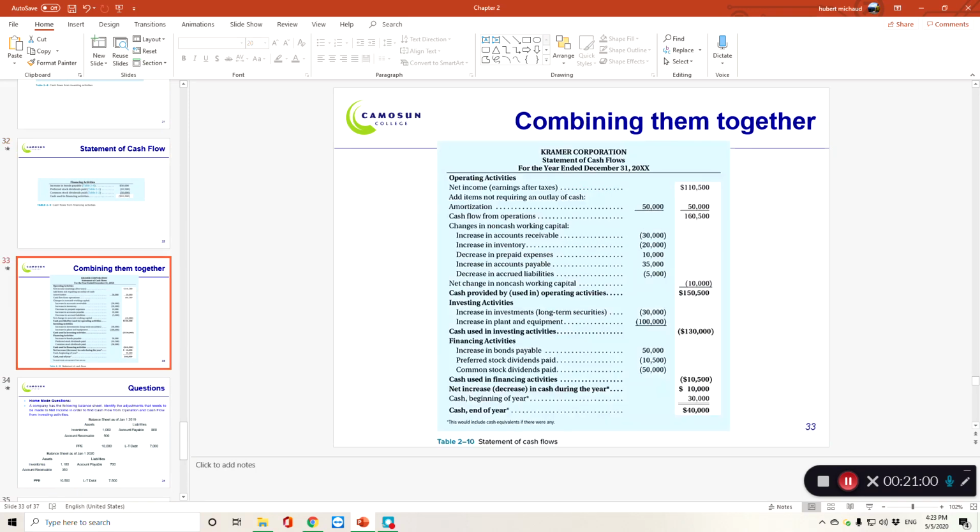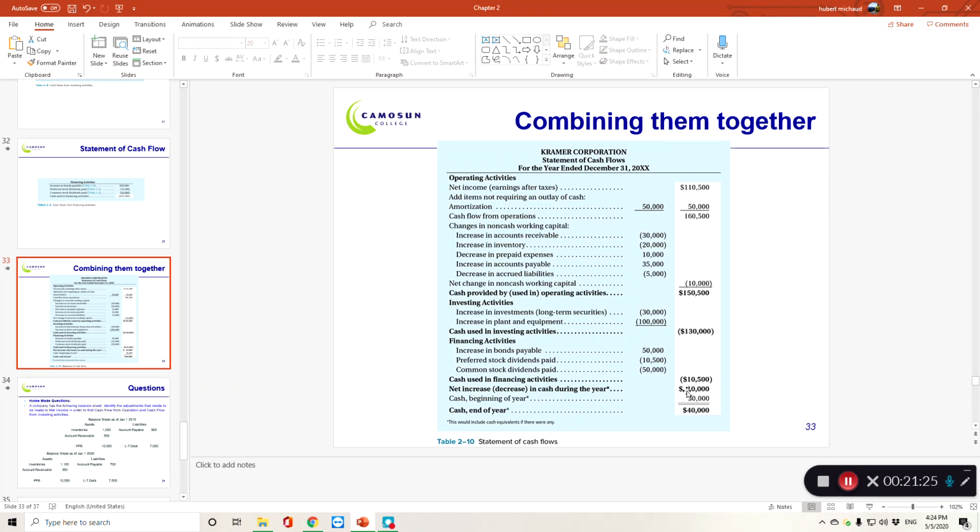We can put all of this together. I won't repeat it because it's just repeating everything I said earlier. If you put all of this together, we have 150,500 from the operating activity, we used $130,000 in investing activity, and we used 10,500 in financing activity.